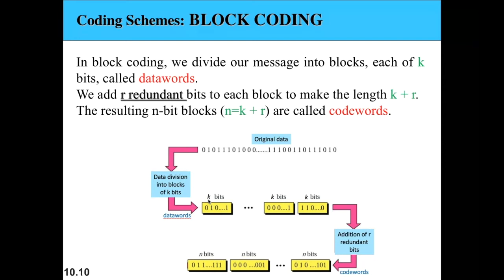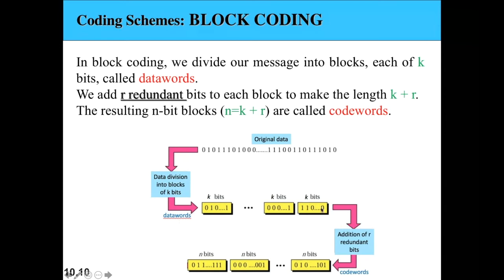K could be any number, we can decide it later. We can make the blocks of a few bits, maybe 20, 30, 40. So first k bits, second k bits, third k bits, fourth k bits, and like that we divide our data into blocks. Each of these blocks is called a data word.